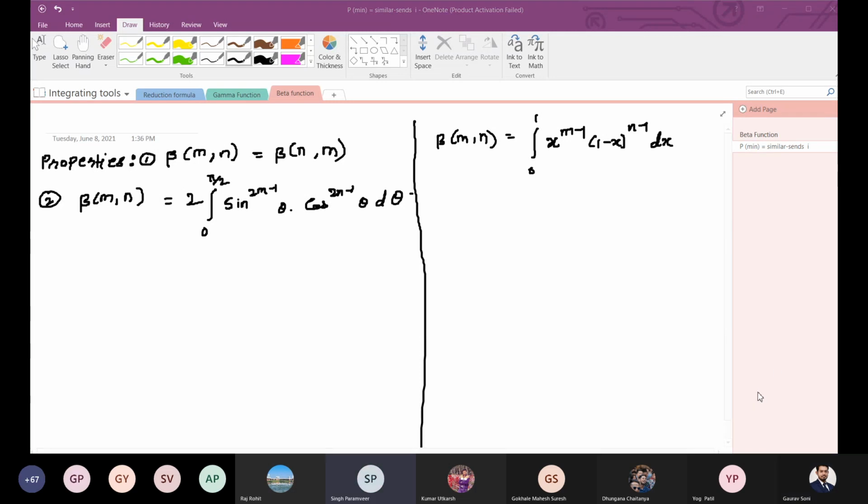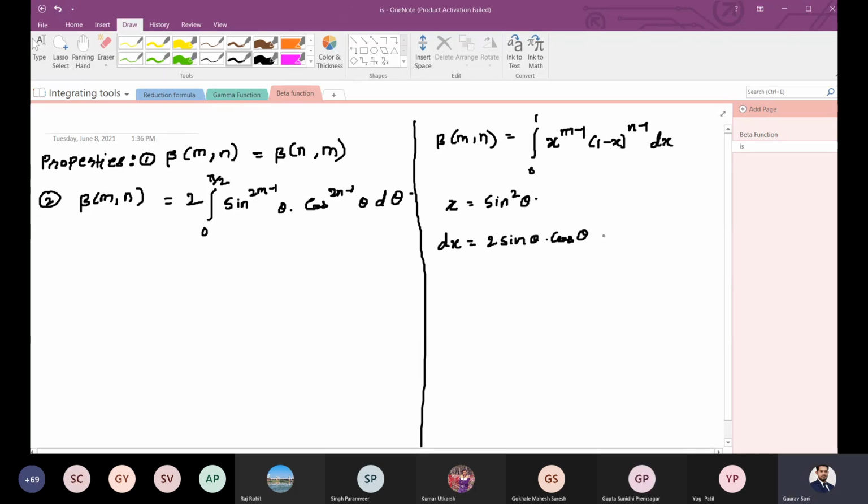Sine square theta, exactly. So if we put x is equal to sine square theta, dx will become 2 times sine theta cos theta d theta.